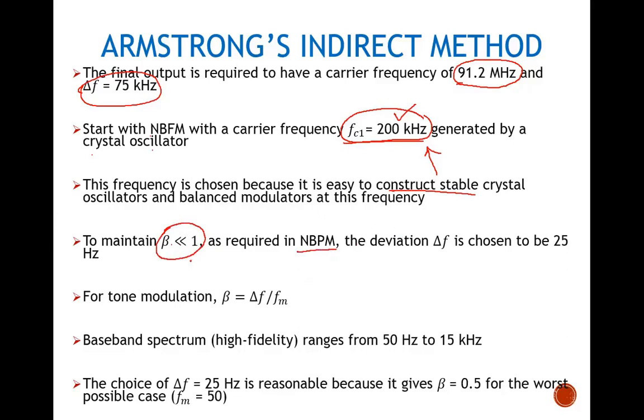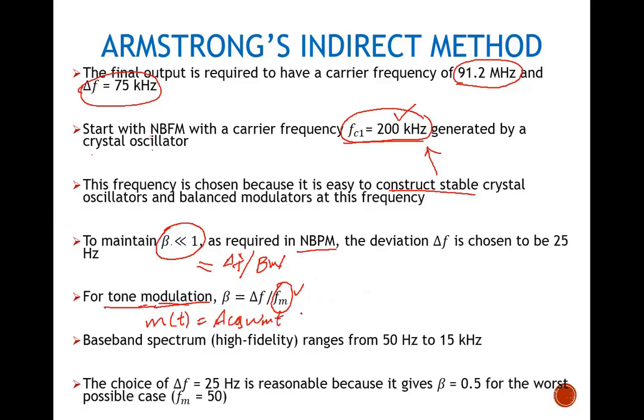Beta is the modulation index for FM, and it is equal to the frequency deviation divided by the bandwidth. If we are using tone modulation, instead of bandwidth, we can use the maximum frequency of the baseband signal. Tone modulation means that in place of m(t), the baseband signal, we are using a sinusoidal signal.